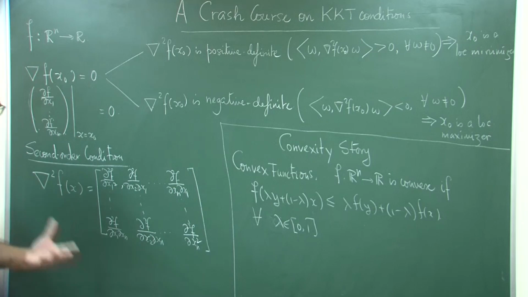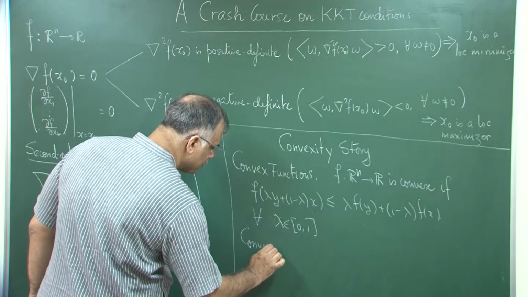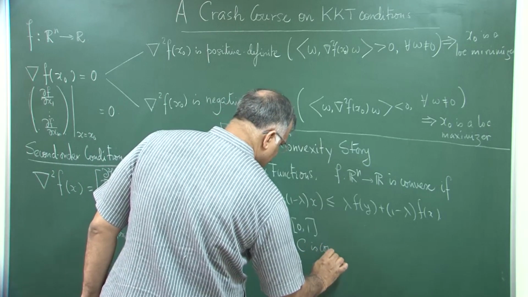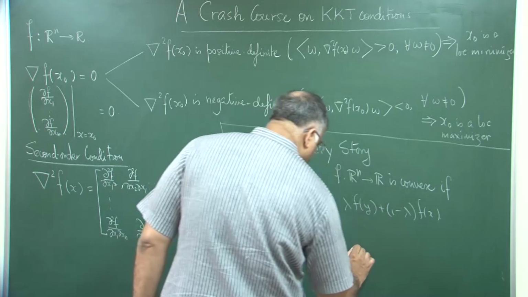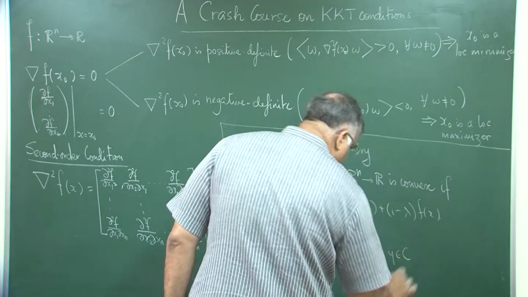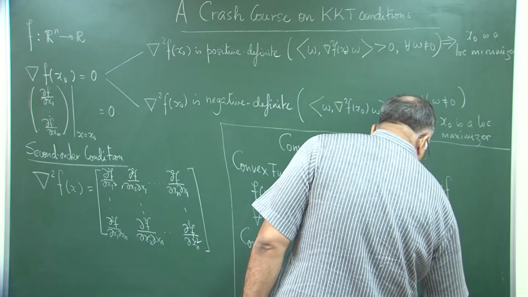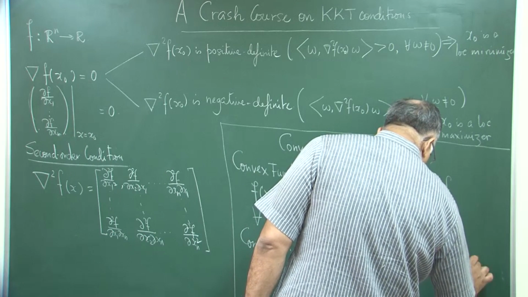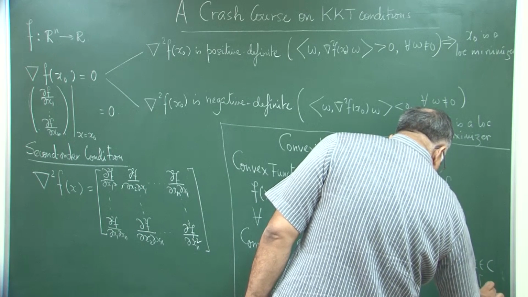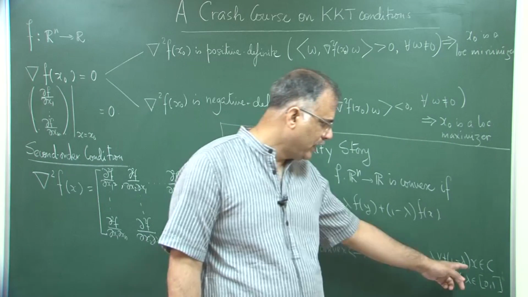This is something you have already known in your coordinate geometry, in your basic high school. And also correspondingly there is a concept of a convex set. So C is convex if and only if, this is the symbol of if and only if, x, y element of C implies that the whole line segment joining x and y would be inside C. Observe that here if I put lambda equal to 1, I would get y.